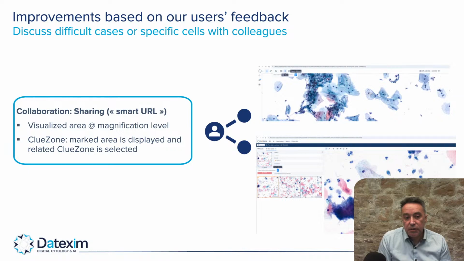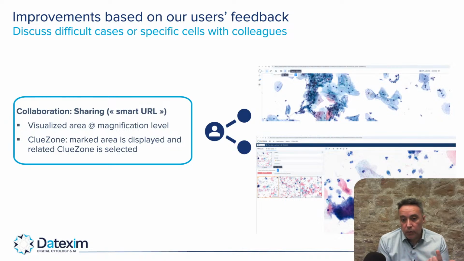When you click on it, it will create a URL, what we call a smart URL. And this URL, you can copy and paste it into an email or WhatsApp or whatever you want to send this link to your colleague. And this colleague, if he has an account on the solution, when he clicks on it, he will see exactly what you see. So that's one way to collaborate and share.